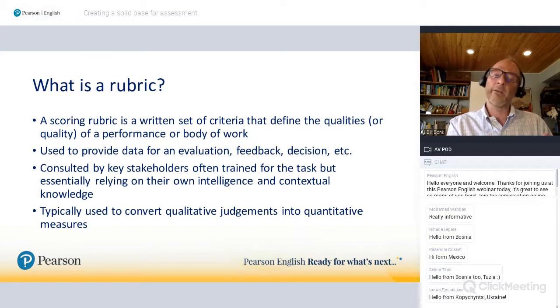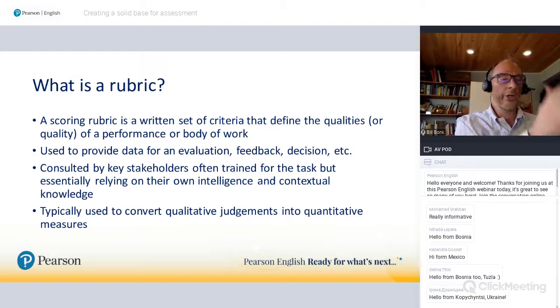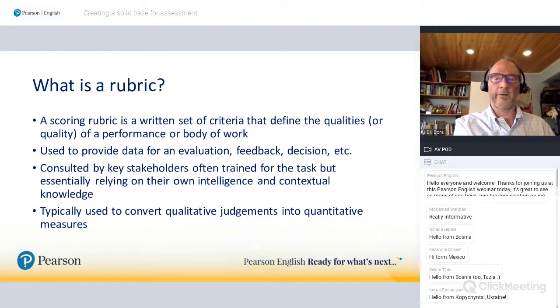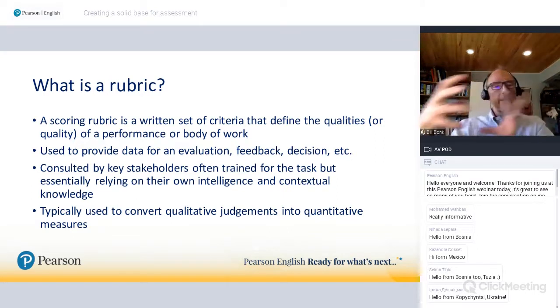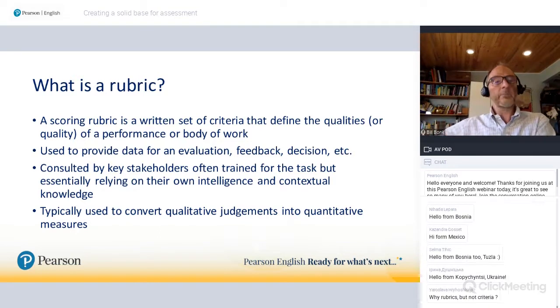And often in those cases, the scoring criteria are not shared with the people who are taking the test, and their scores are not even really shared in any detailed way. It's really just, here was your score, you needed a 64, you got a 58, so you were not hired for this. So the rubric is one piece, then there's the data, and the rubric itself is consulted by or read by these key stakeholders.